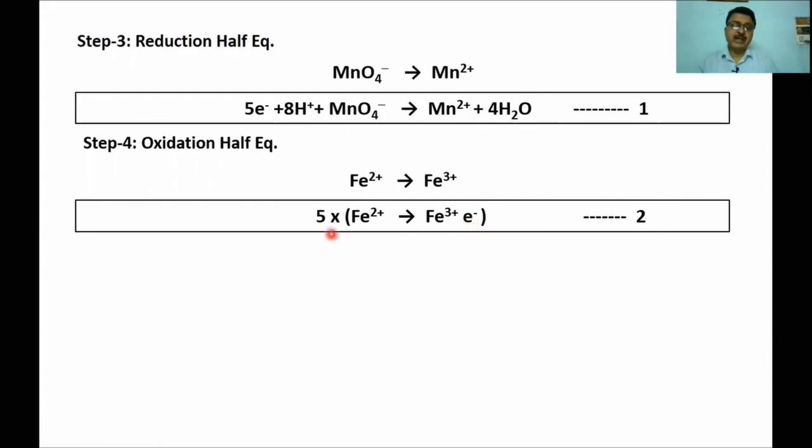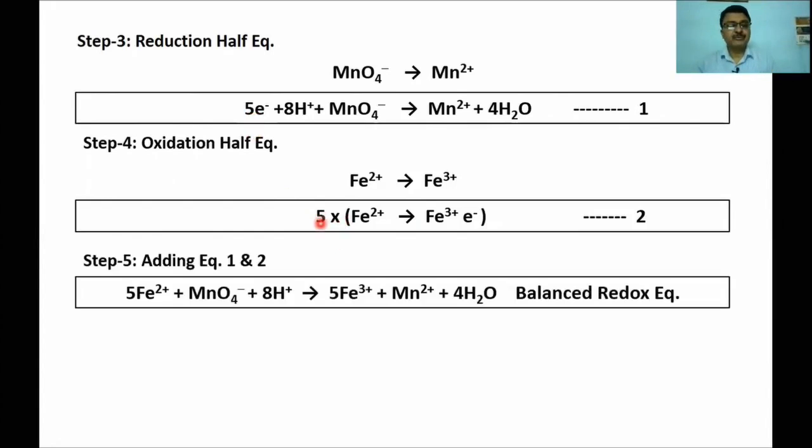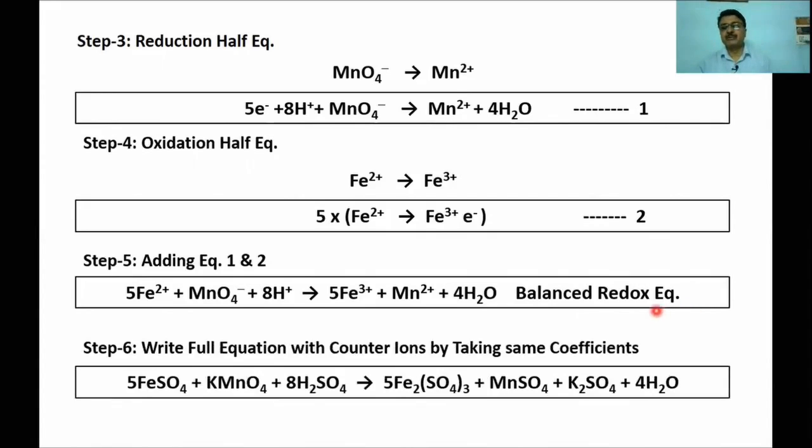Then we have multiplied it by 5, since in the first equation we have 5 electrons here. So we are going to cancel these electrons. Therefore we have multiplied it by 5. Then we shall add these two equations to get a balanced redox equation. Clear? Now, from this point onward, our real work starts.